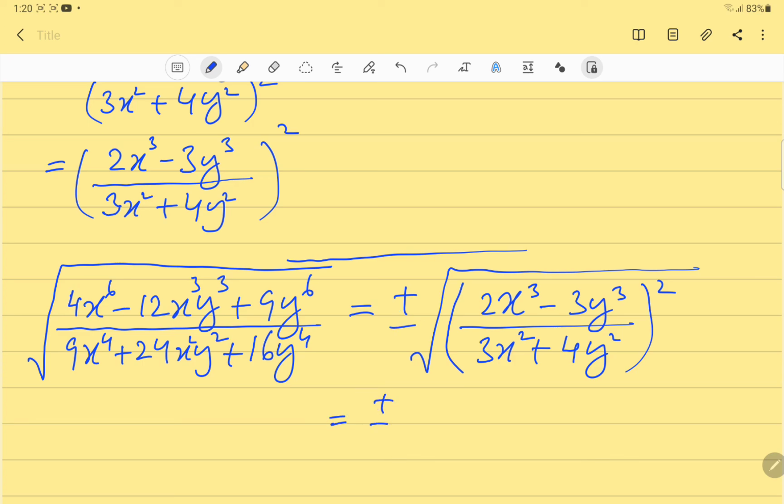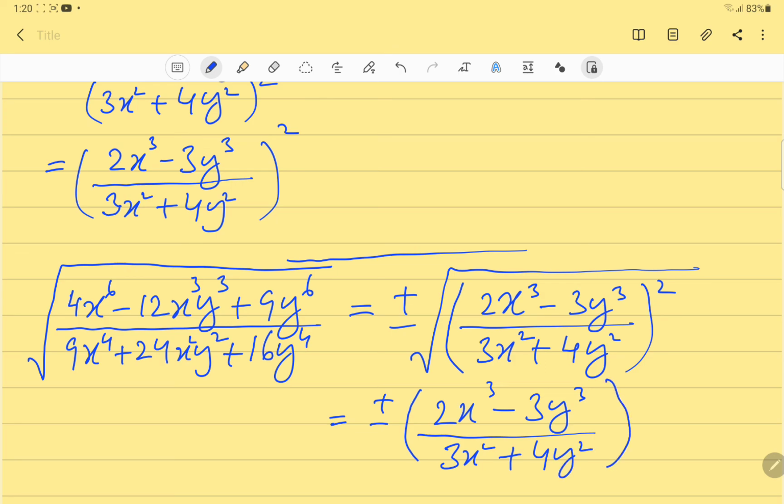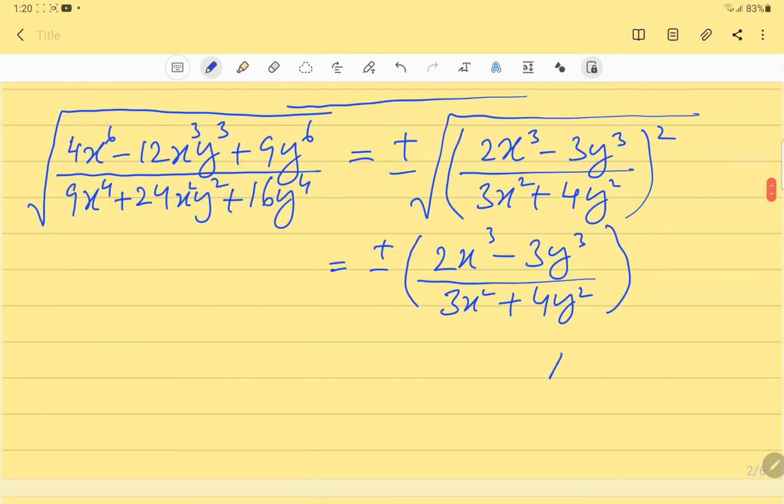The square root will cancel with the square, so we are left with plus minus (2x cube minus 3y cube) over (3x squared plus 4y squared), which is the answer of this question.